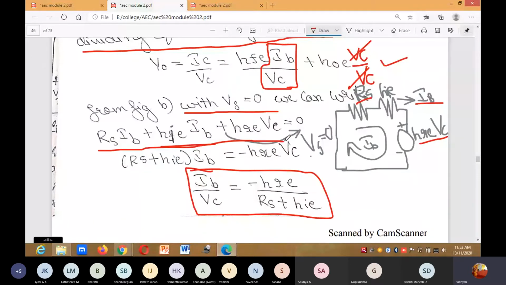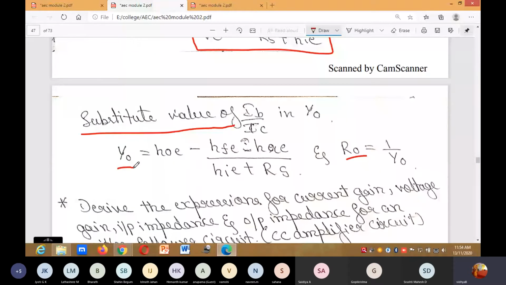We have written the equation for IB. From this equation, we can write IB divided by VC is equal to minus HRE divided by RS plus HIE. We know the value of IB divided by VC, so substitute in the Y naught equation. So you will get Y naught. This is the admittance, but what we want is output resistance. So output resistance is equal to 1 divided by Y naught. This is the derivation for the CE amplifier.